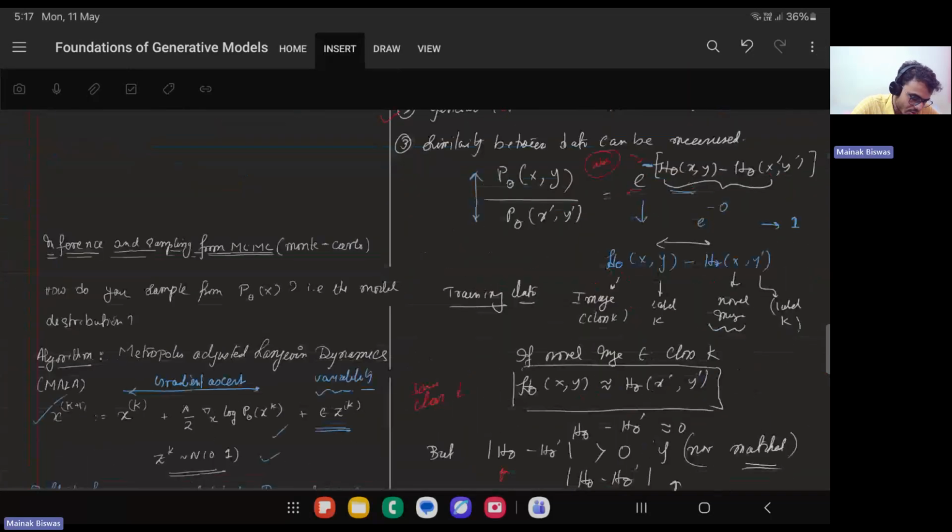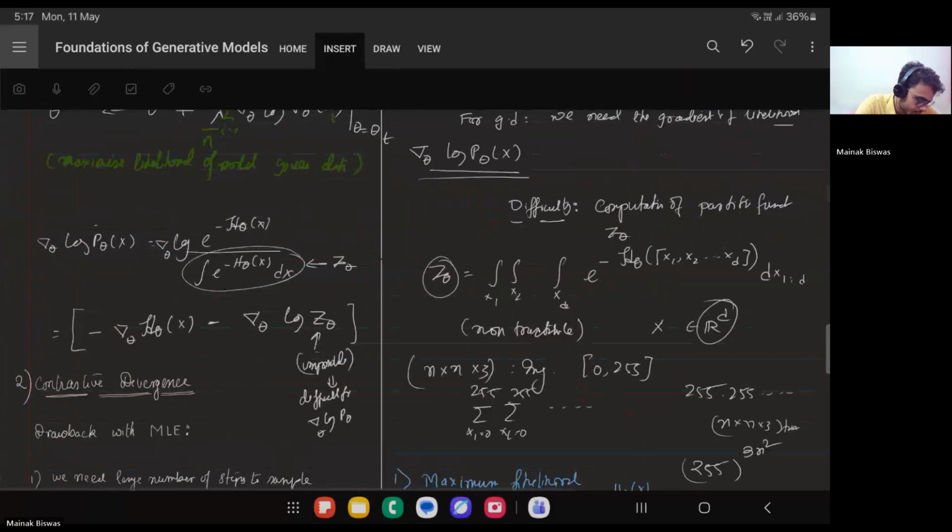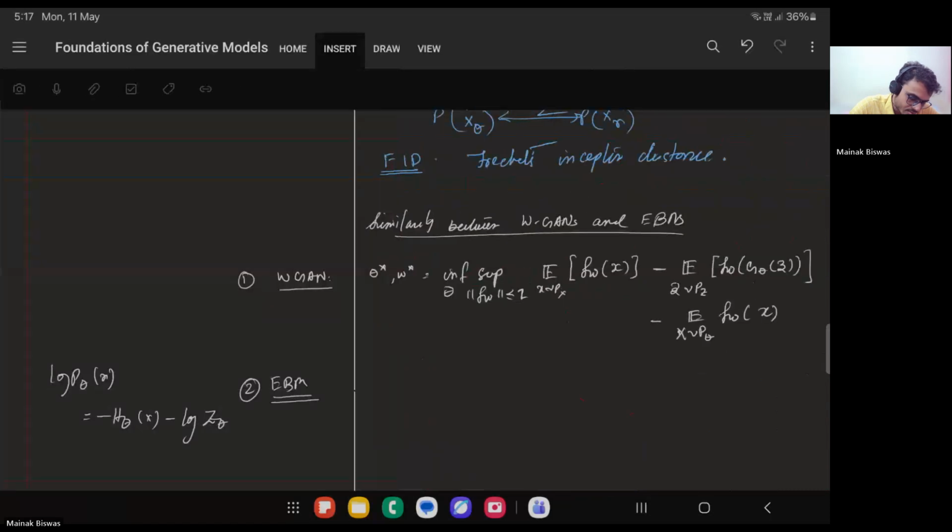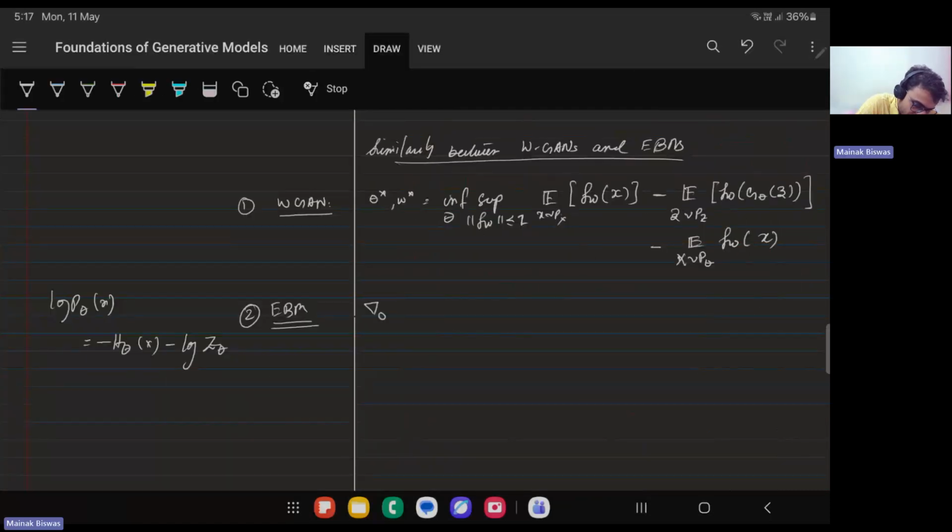So the gradient that I was computing, the gradient with respect to log of P theta of x, was equal to the expected value of the gradient of H theta of x, x being sampled from P_x, minus the gradient of, so you could just take the gradient out completely outside, x belongs to the P theta distribution of H theta of x.